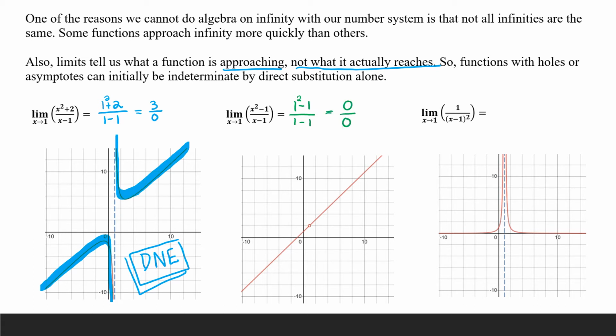But if we look at the graph, and we approach from the right, we see that we are approaching about 2. And if we approach from the left, we also see that we're approaching 2. So the limit as x approaches 1 for this function is 2.